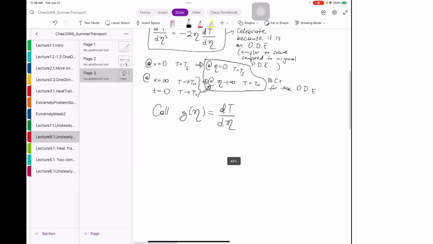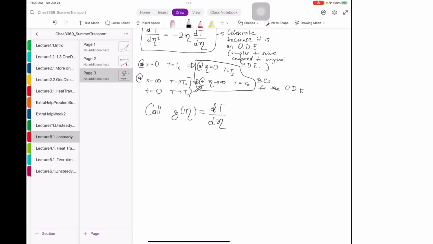It's a function of eta again. And our ordinary differential equation becomes the first derivative of g of eta is equal to minus 2 eta g of eta.